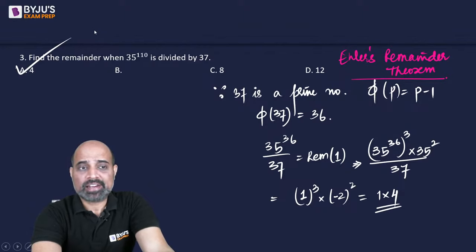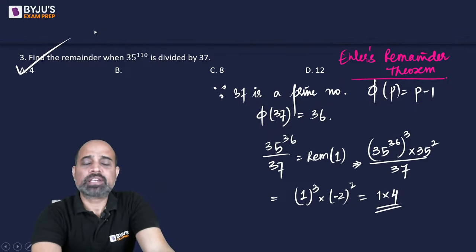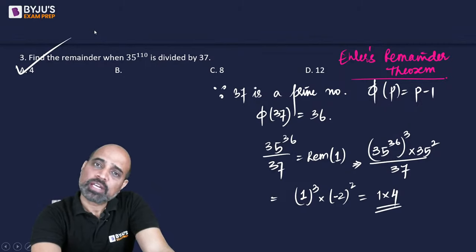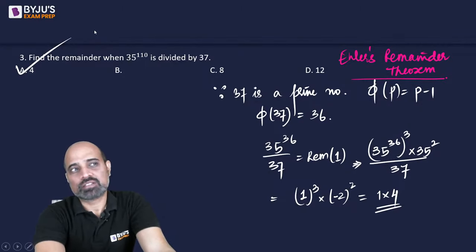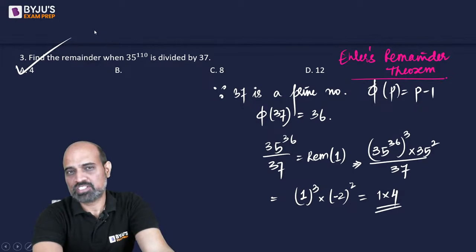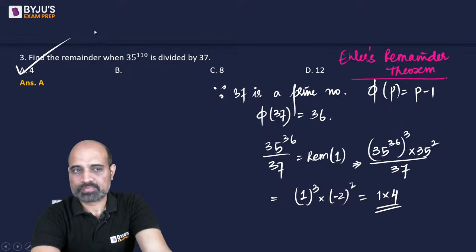And the dividend should have a power of the totient of the divisor. Once these two rules are applicable, you can use Euler's remainder theorem. The power is not necessarily equal to the totient of the divisor, but it could be close to it, generally more than it. Less becomes a little more complicated.